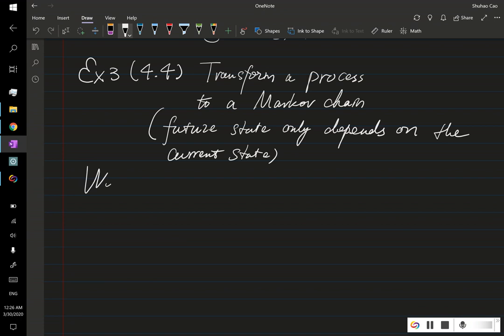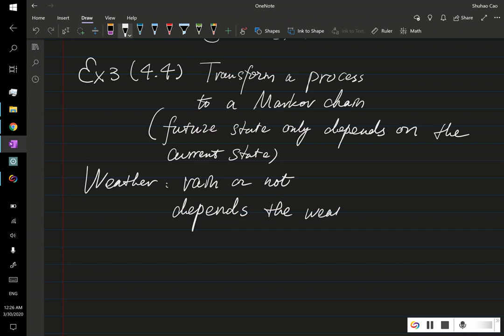However, whether it rains today depends on the weather of the last 2 days, instead of only the immediate previous day.